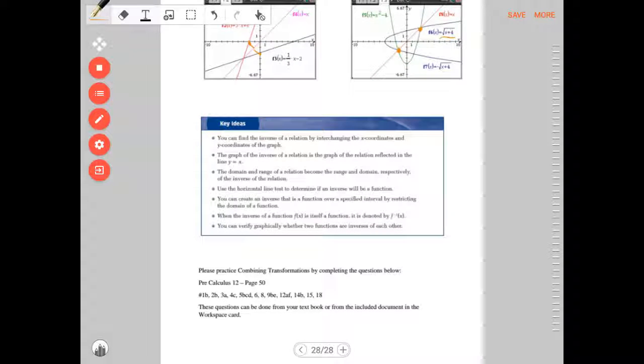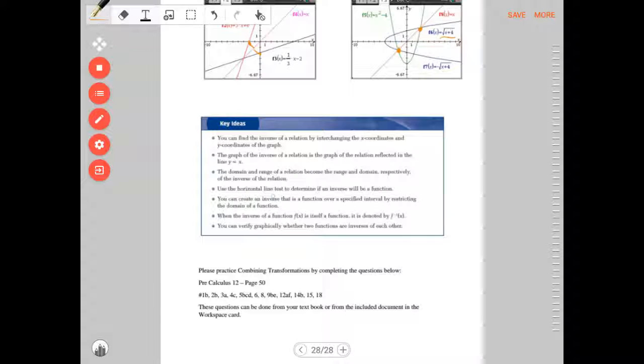Okay, so key ideas. You can find the inverse of a relation by interchanging the x and y coordinates of the graph. The graph of the inverse and the graph of its relation are reflected in the line y equals x. The domain and range of the relation becomes the range and domain, respectively, of the inverse. We can use the horizontal line test to determine if the inverse will be a function.